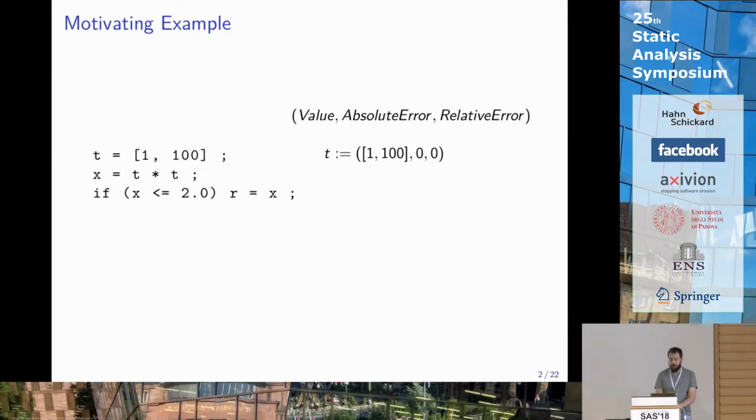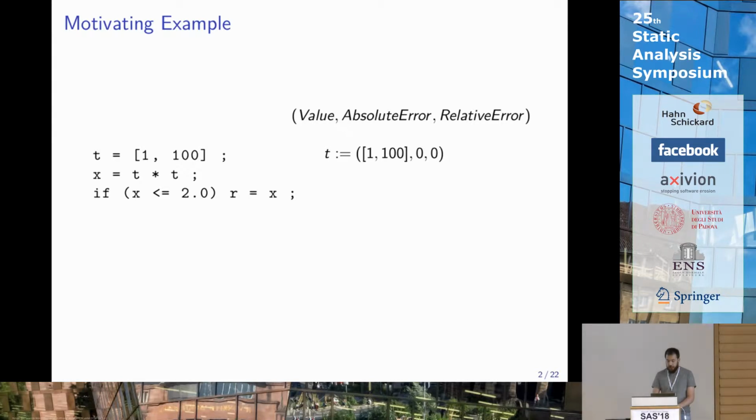Here we propagate information with intervals on the variables. We propagate the value, the absolute error, and the relative error. The variable t is assigned the interval 1 to 100, and because it's an input, it's simpler. This variable does not have any error for now.